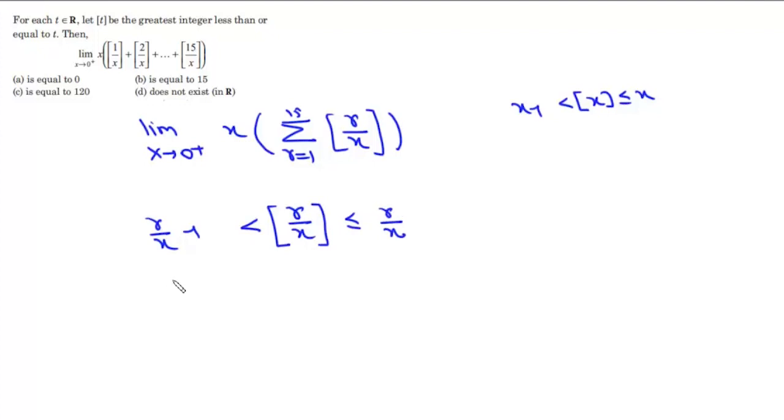Now if we multiply it with x, we can write r minus x will be less than x into the greatest integer of r by x and will be less than or equal to r. Now we'll take this summation, r varies from 1 to 15.